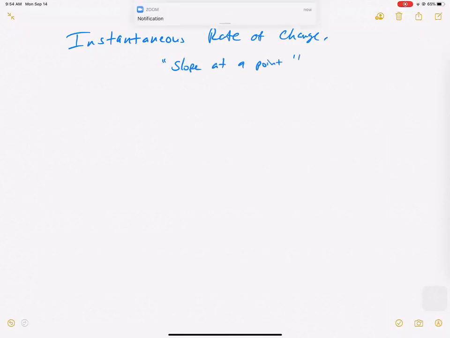So an instant rate of change for us is looking at, let me give you a simple example of a line. We're going to go y is equal to 3x plus 2. Now that is a graph of a regular line. The regular graph of a line looks like up 3 and over 1, rise over run.